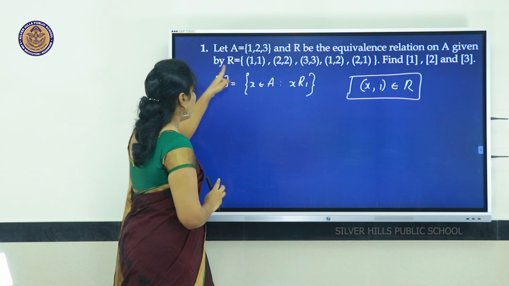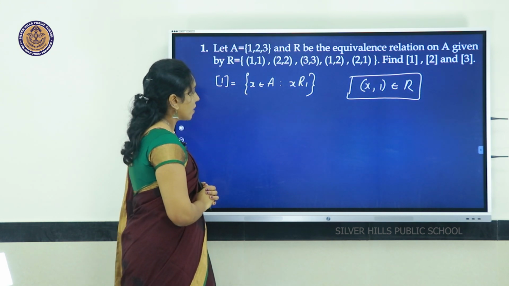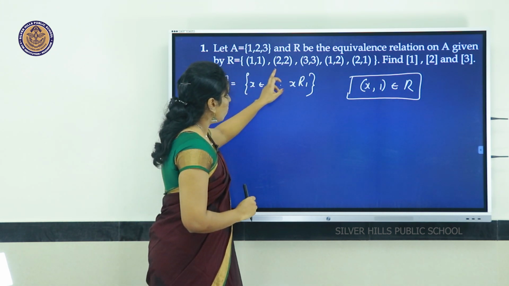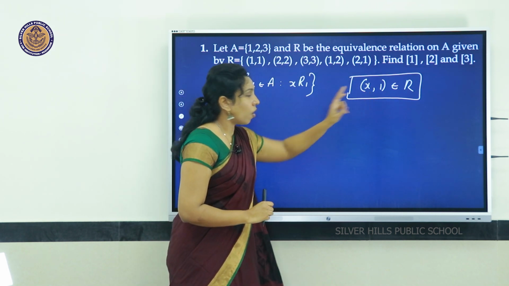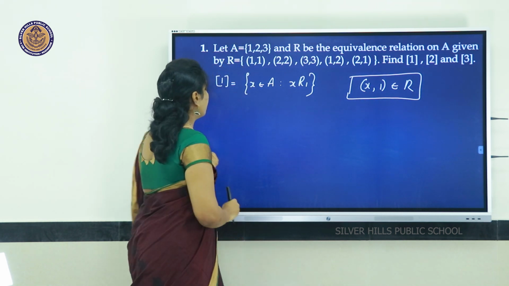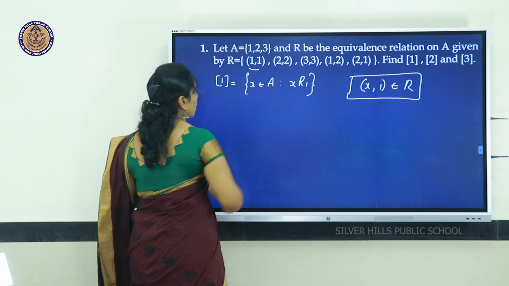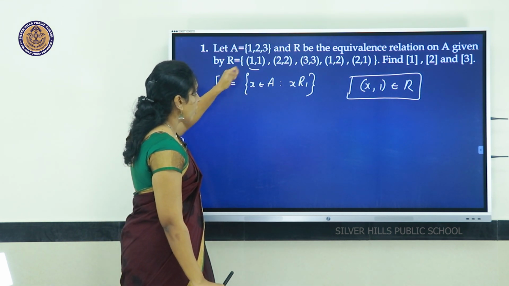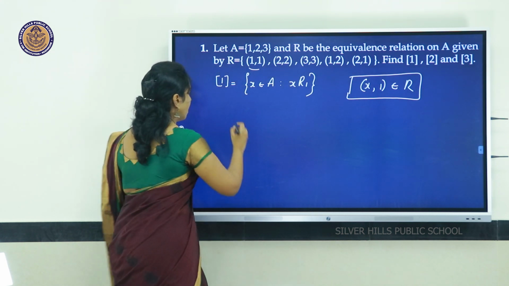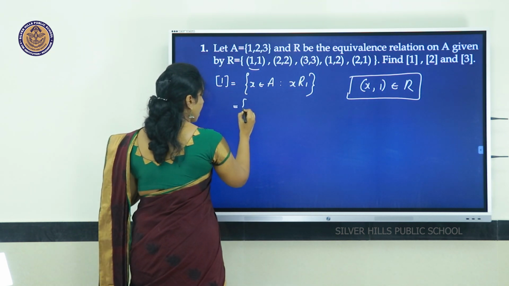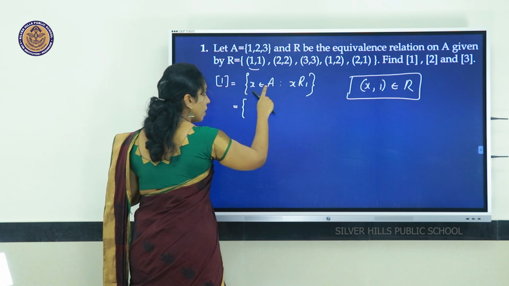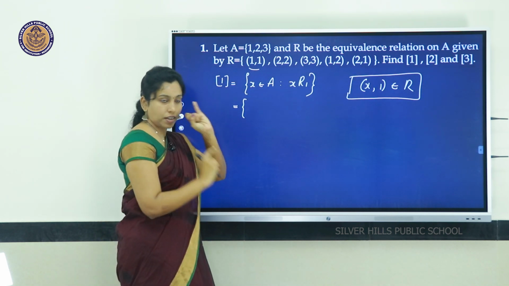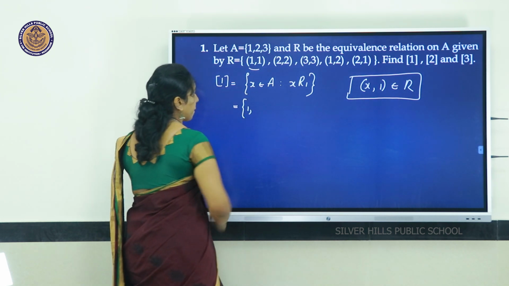Now, look at R. Just check in which pair 1 occupies the second place. Here, isn't it? 1 occupies the second place. So, in the place of x I can include 1. So, I will write equivalence class [1] is equal to the set of all x in A. So, 1 such x I got, which is 1.